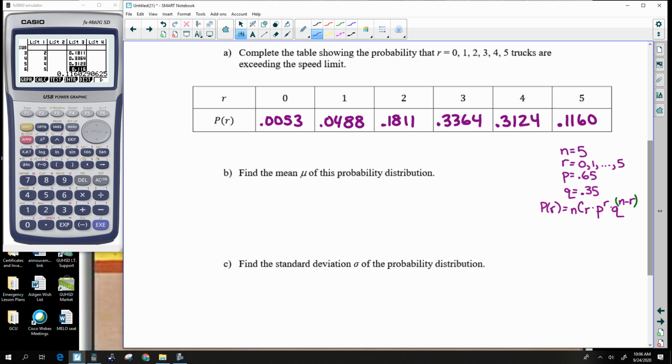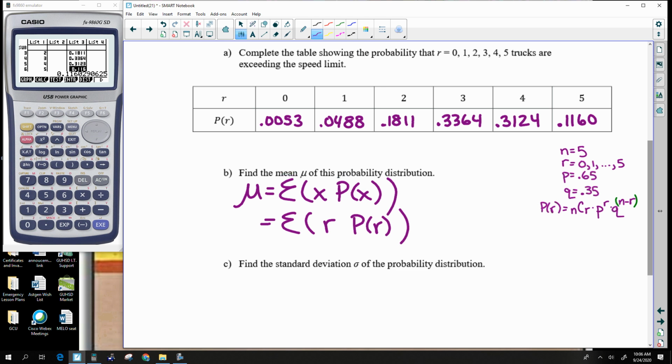All right, so this is a unique problem here. We haven't seen this one before. Find the mu of this probability distribution. That's the expected number. So looking at the formulas that we know, we have mu is equal to the sum of x times p(x). It's not that hard of a stretch to understand that that would be r times P(r).